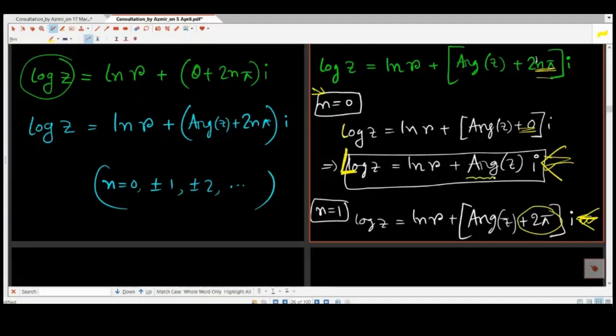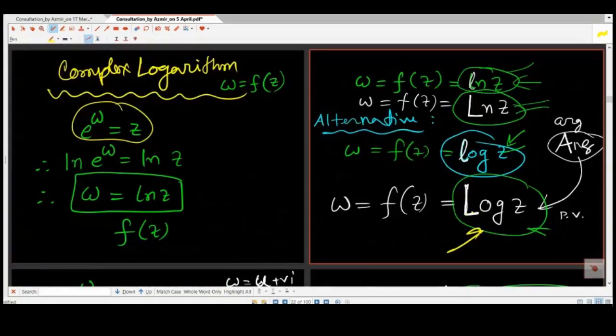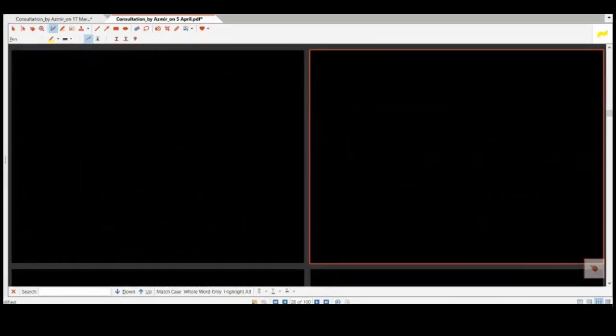We have only the principal argument and nothing else. So the log that is found for only the principal argument is the principal value of complex logarithm, which is denoted by capital LOG of z. So we can say that complex logarithm is a multiple valued function.